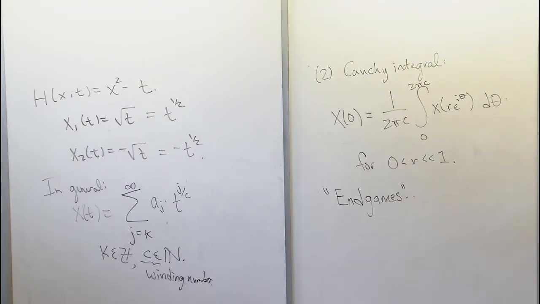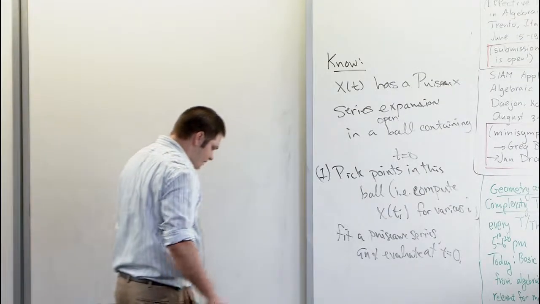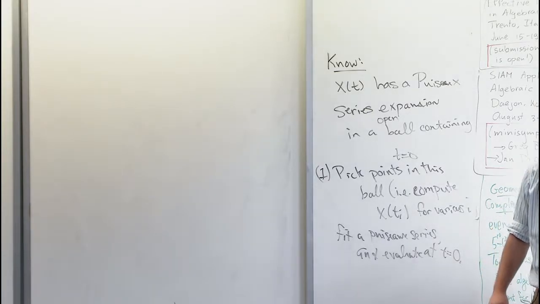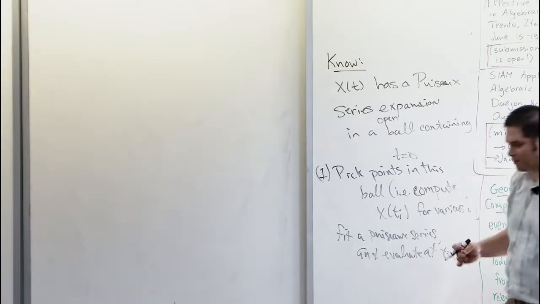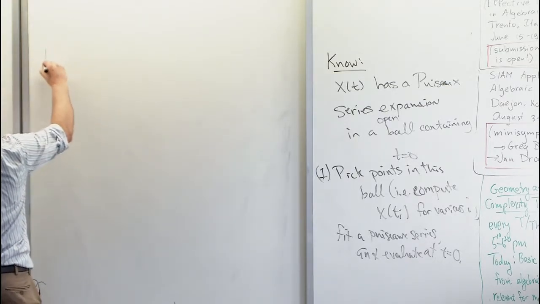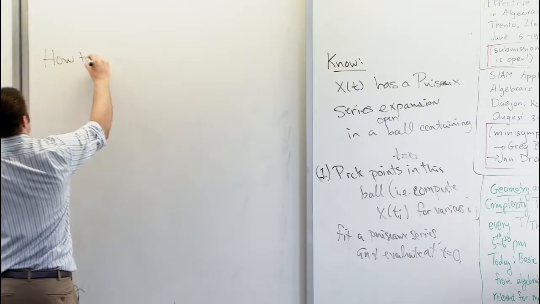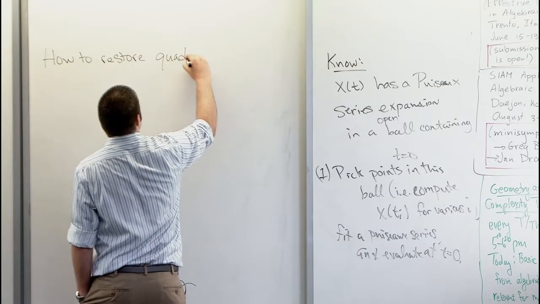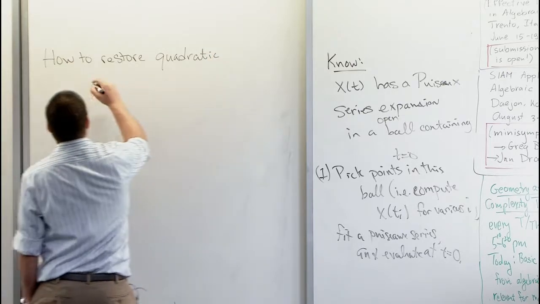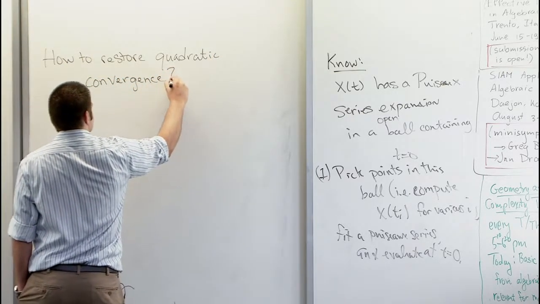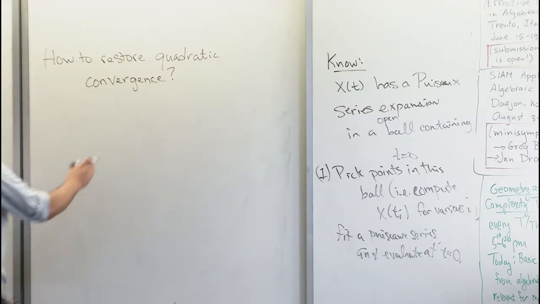Okay. Even if we can approximate our endpoint accurately, we would like Newton's method, the power of quadratic convergence there. So, how to restore quadratic convergence of Newton's method?